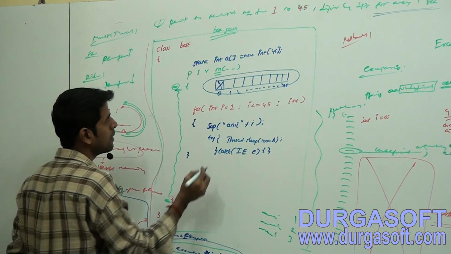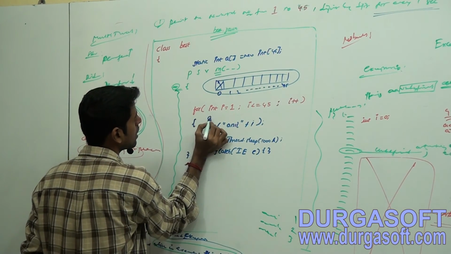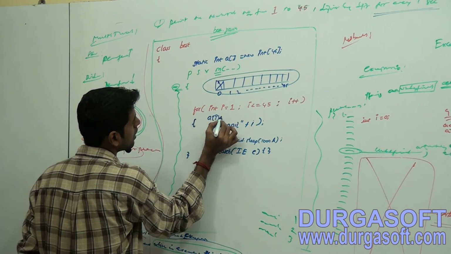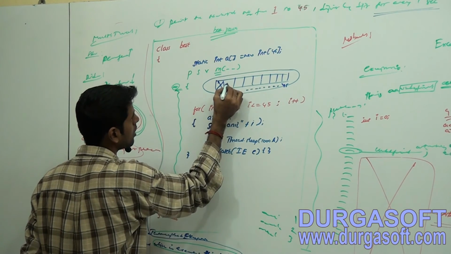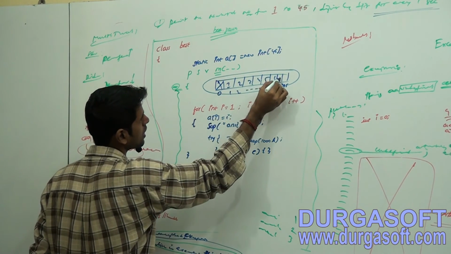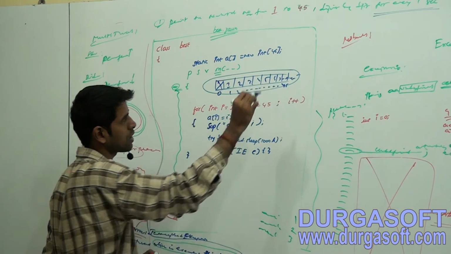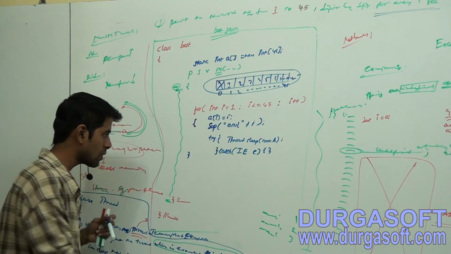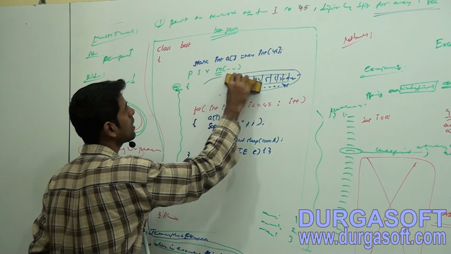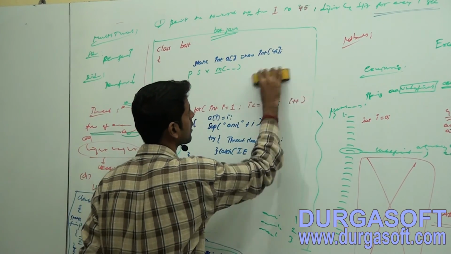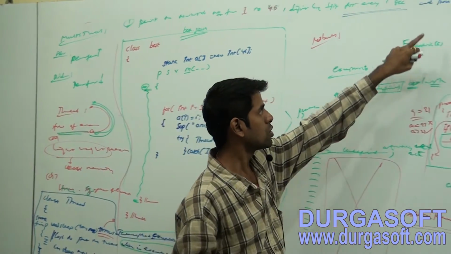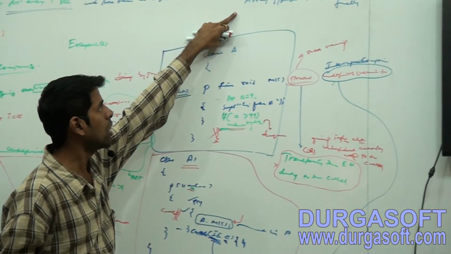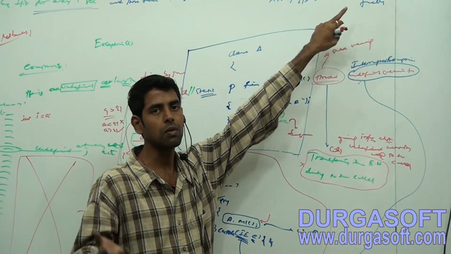Now take a of i and assign i to it. Now what happens? 1, 2, 3, 4, 5, 6, like that till 45 will be stored. Now what we have to do here? I have to print. Store them in a data structure called an array and print this array finally.